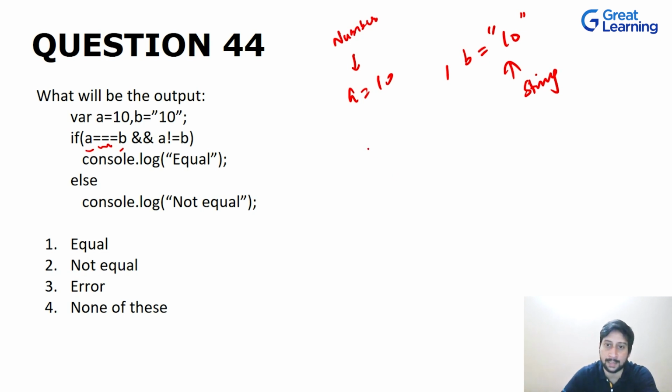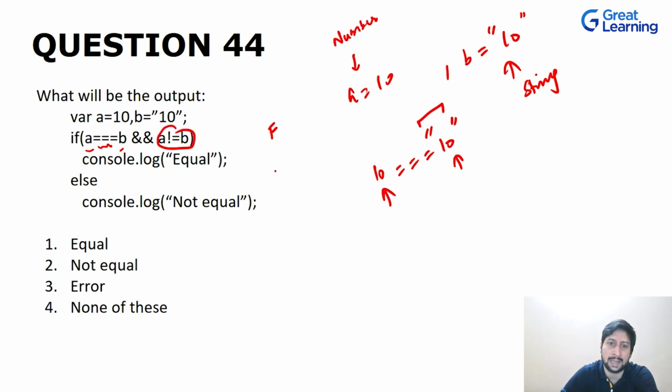That means we'll be checking if a, that is 10, is triple equal to string 10. When we are using this triple equal to sign, the strict form of equality, we'll be checking both the data as well as the data type. Data is matching, but the data type is not matching, so we will get the output as false, and we will not even go here.